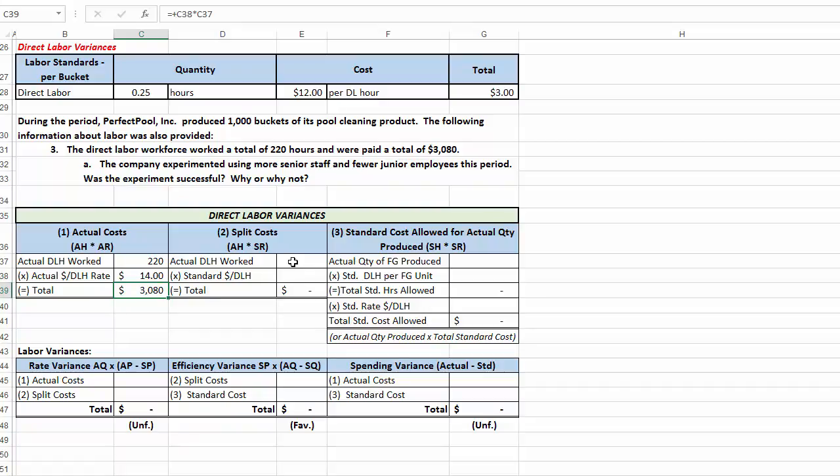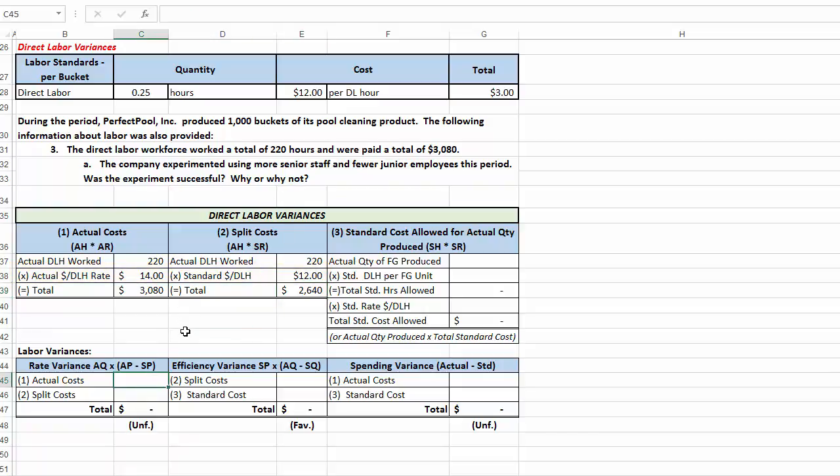Now, if we were to take those actual labor hours, 220 hours, at the standard rate of $12 an hour, we would see that we should have only incurred $2,640 worth of cost. Undoubtedly, the variance here between the actual rate of 14 and the standard rate of 12 is due to the fact that we're using more senior staff.